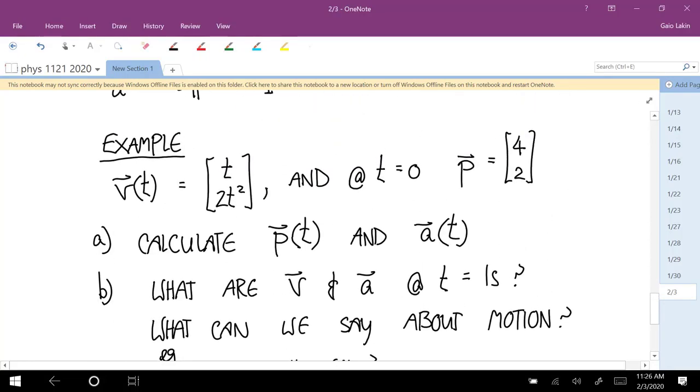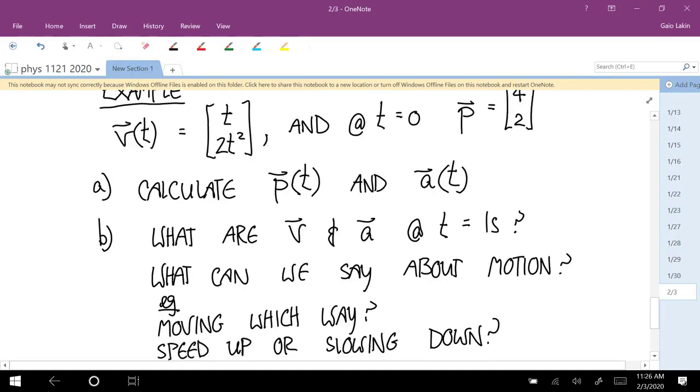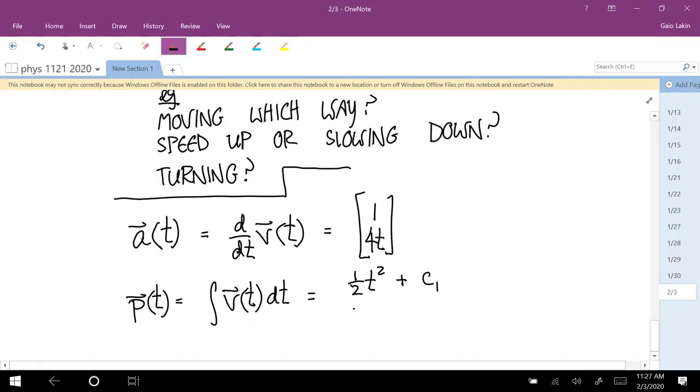And for the y component, we'll integrate this, and you get 2/3 t cubed plus a constant of integration that doesn't have anything to do with that one, so we'll call it C2.